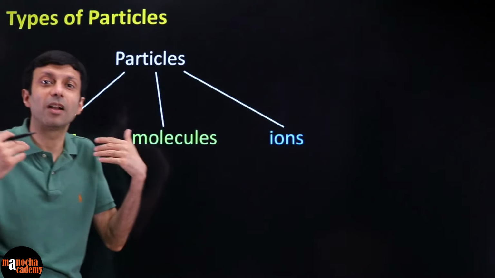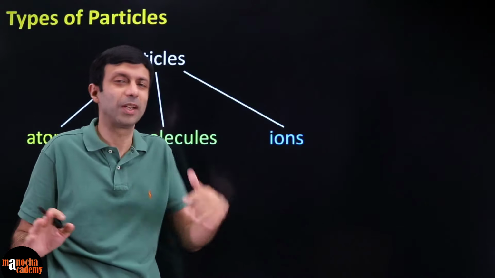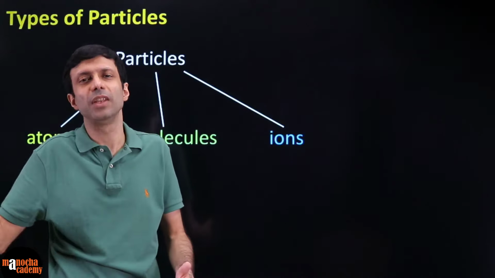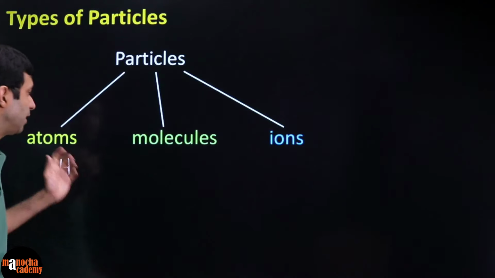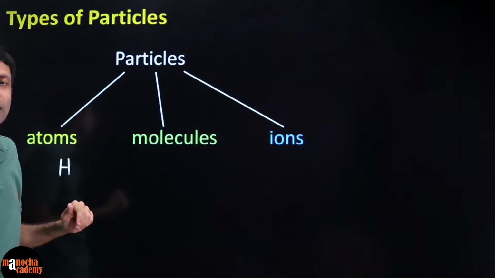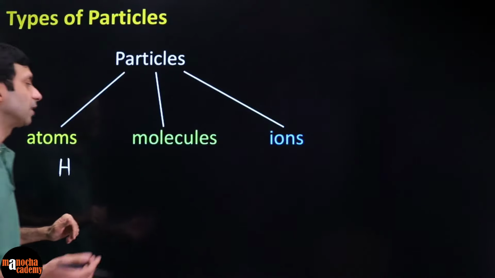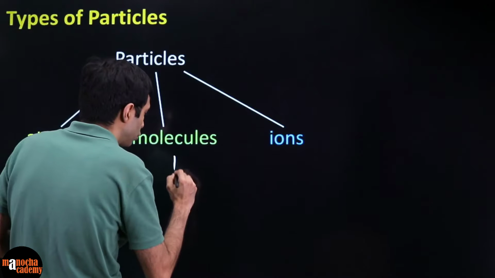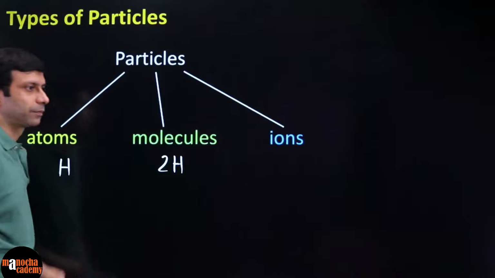Not even observable under a microscope, guys. You need an electron microscope, not the simple microscope that you see in the laboratory or in hospitals, right? We are talking about an electron microscope. So, a very tiny particle. Now, the hydrogen molecule, as we'll discuss, is made up of two atoms of hydrogen. So should I write it like this, 2H?